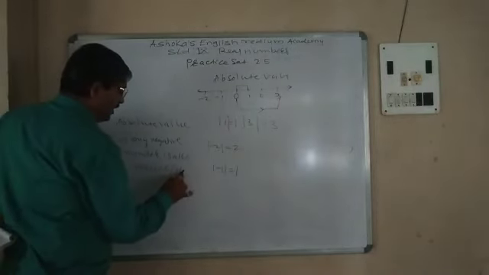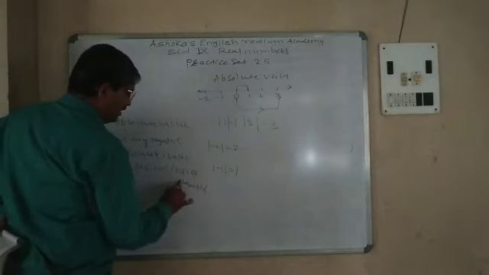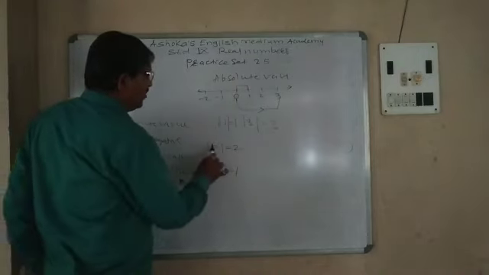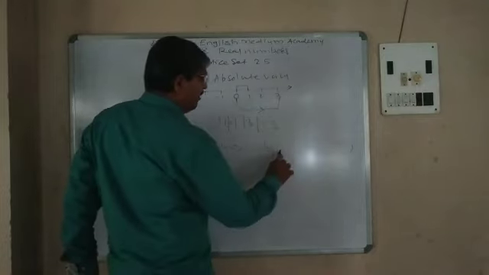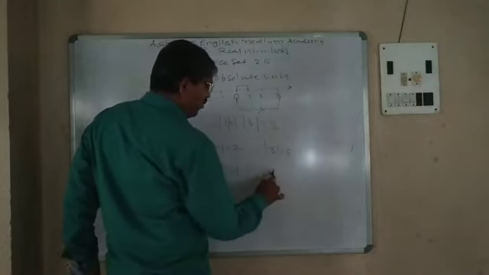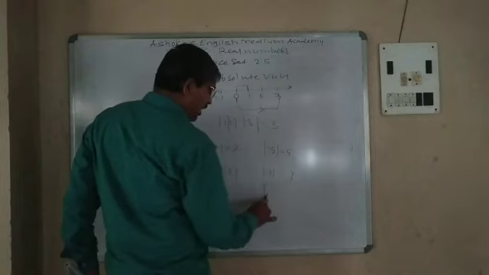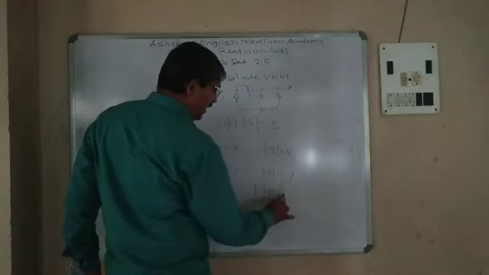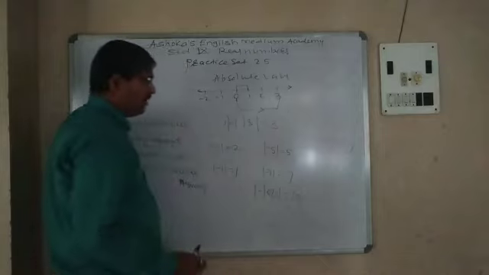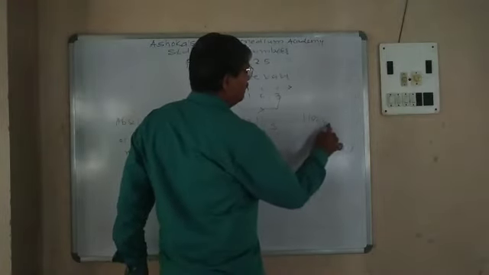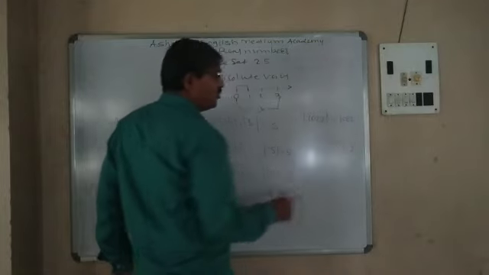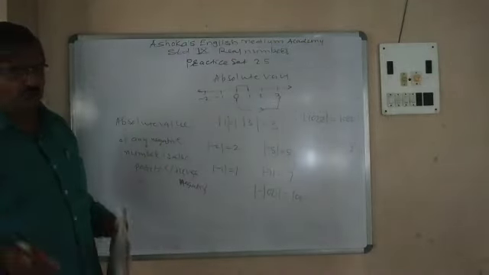Suppose minus 5: what is the absolute value of minus 5? That is positive 5. Absolute value of minus 7 is 7. Absolute value of minus 100 is positive 100. And for any positive number, say 1000, its absolute value is positive.